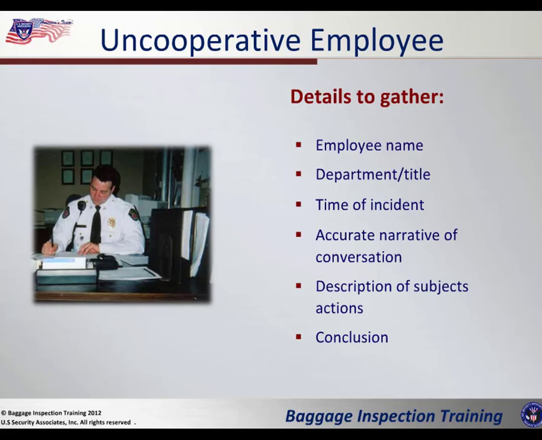A description of the subject's actions and whether any threats were made, any foul language, things of that nature. And then the conclusion, the outcome, what ended up happening, who you contacted, the conclusion of the event. So be very detailed from the beginning to the end and accurately describe what happened.